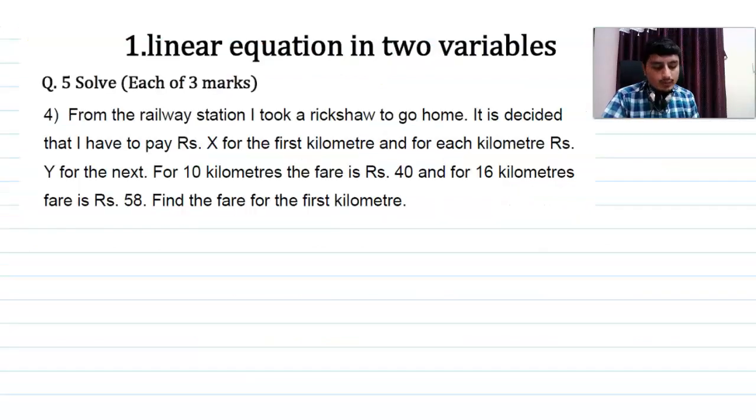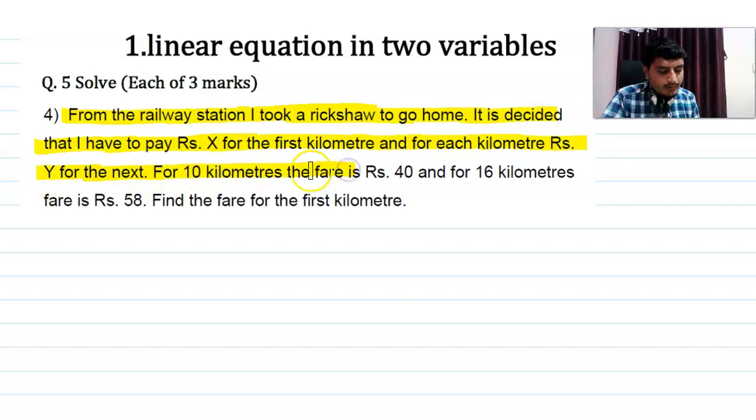Look at question number 4 now. From the railway station I took a rickshaw to go home. It is decided that I have to pay rupees x for the first kilometer and rupees y for each kilometer after that.